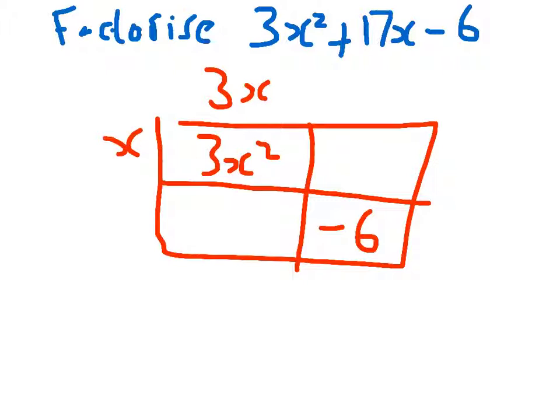So a bit of trial and error, a bit of practice, I can see that if I multiply 6 by the 3x to get 18x, and minus 1 times x to make minus x, then I do get the 17 here. Now I think that's a bit of in your head trial and error, a bit of practice of these type of things.